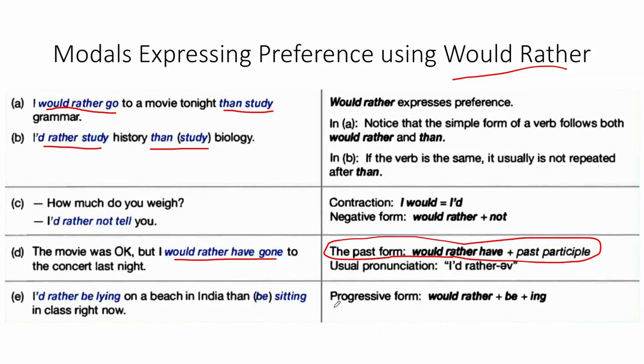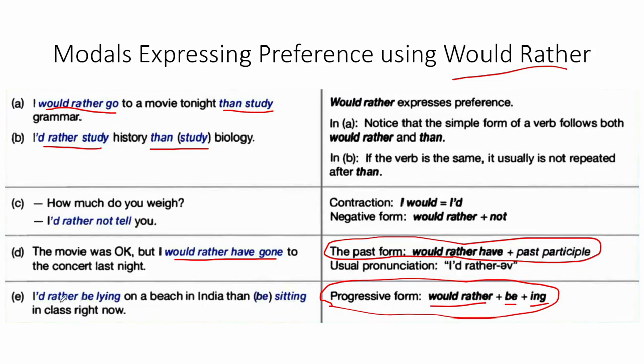And finally, the progressive form. If you want to use would rather in a progressive tense, a long action or action in progress, the rule is would rather plus be plus the -ing form. This is how you do it. Example: I'd rather be lying on a beach in India than be sitting in class right now.